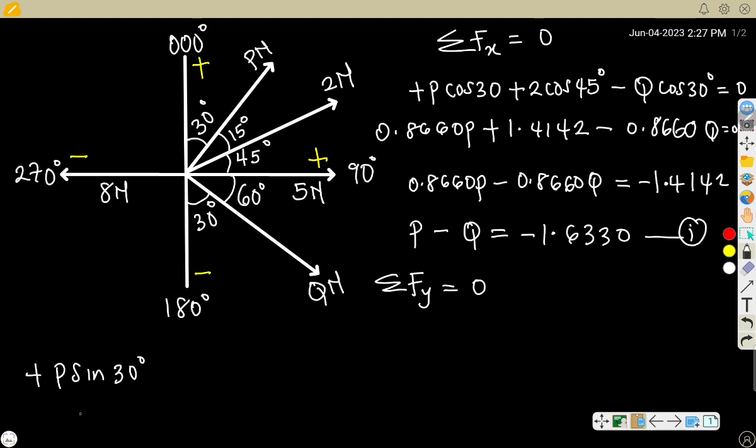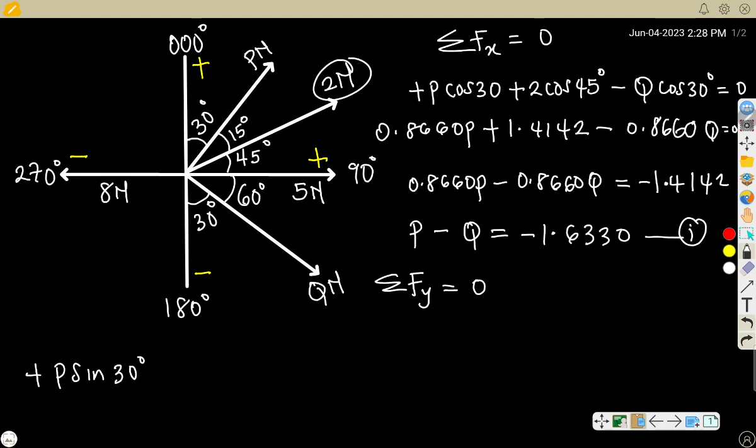Then yours will be P cos 60, because anywhere the angle lies on the vertical, it will be cos. So sine 30 and cos 60 are the same. But for convenience and understanding, I've taken all my horizontal angles as cos, and all my vertical will be sine with the same angle. So this will be plus P sine 30.